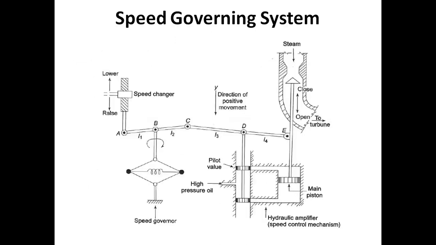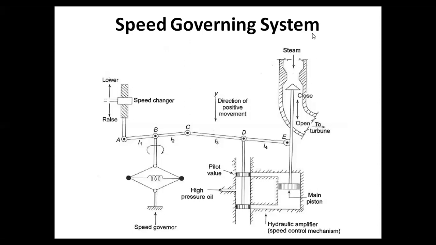Next I am going to discuss the speed governor system. This is the diagram of the speed governor system. Here you can see we have many parts, but mainly you have to consider this flyball speed governor.